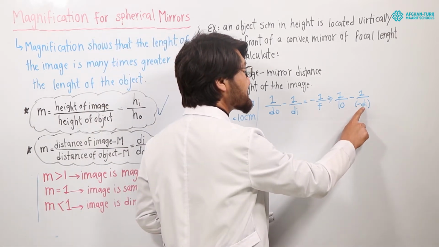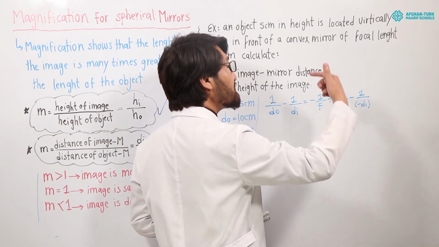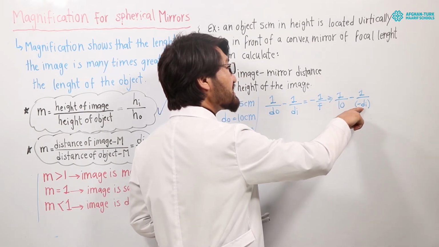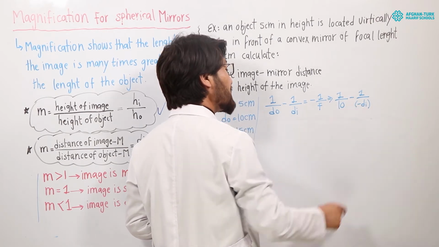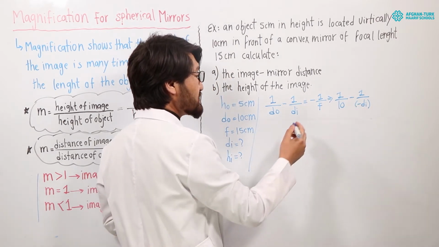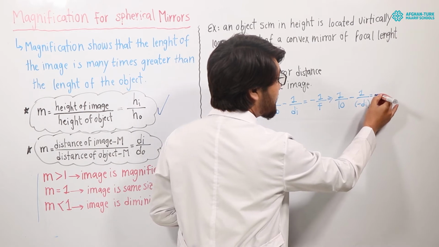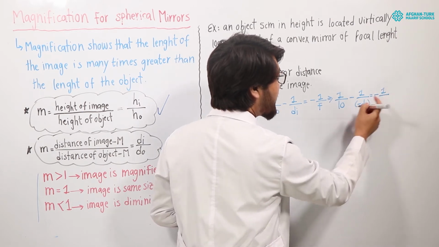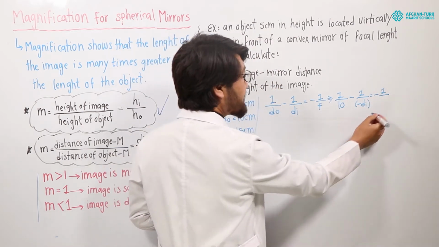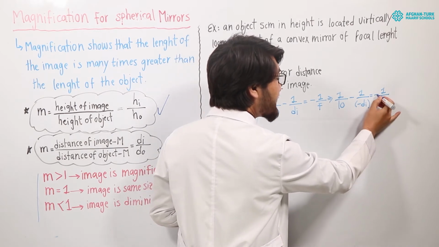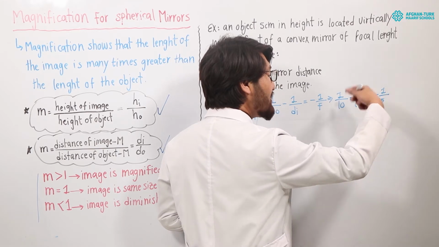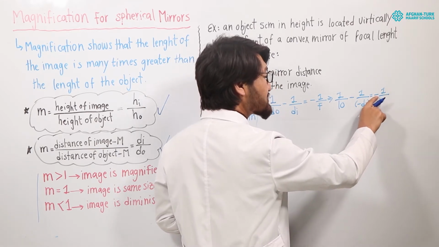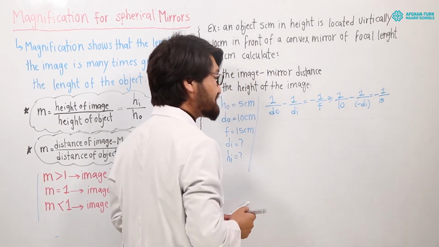Why? Because the image is formed behind the mirror, the image is virtual, so we take minus for F. What is F? The value is 15. This minus says that the focal length is also behind the mirror, also virtual, so minus here.